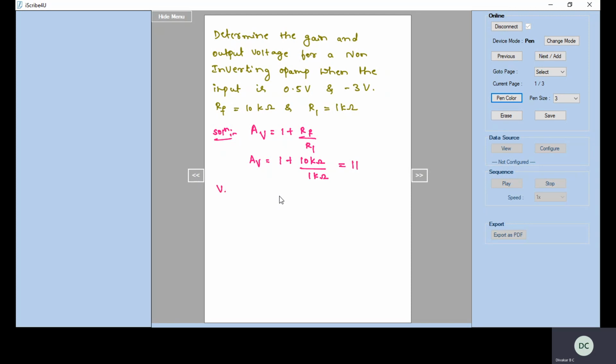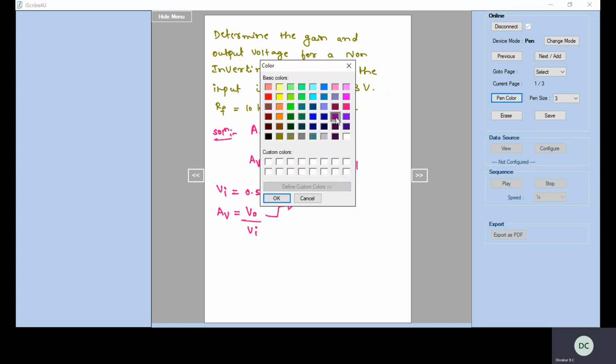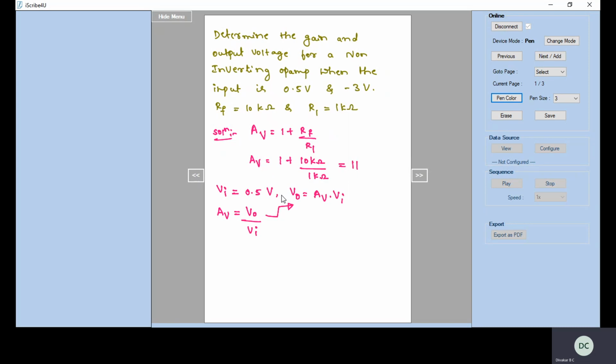And for the input voltage Vi is 0.5 volts, V naught is nothing but AV into Vi because we know that the gain is defined as the ratio of output by input. So therefore V naught is equal to AV into Vi. So we know the values, substitute here.